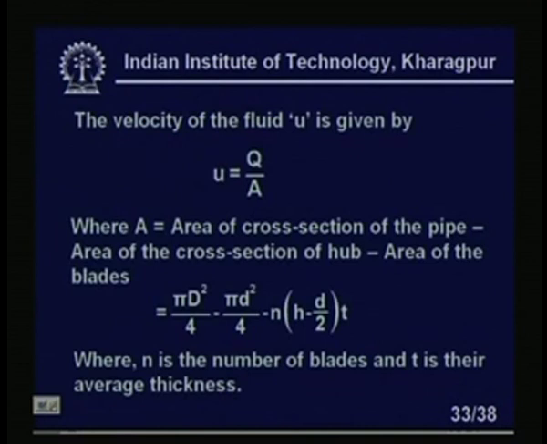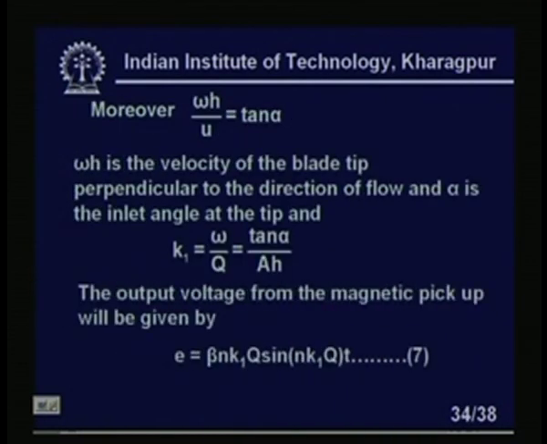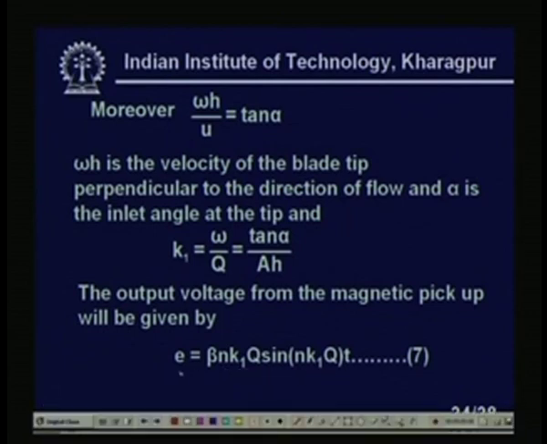You see here, what will happen. If I integrate this signal, then I will get beta n k 1 q cos of n k 1 q into t divided by this n k 1 q.